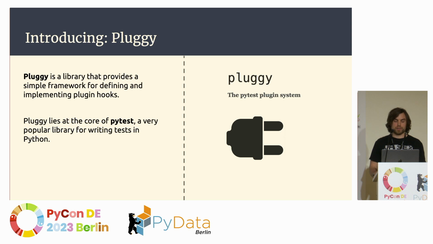Pluggy lies at the core of the pytest plugin system, which is a very popular testing framework. And it has now reached, I think as of a little bit ago, version 1.0. It's a really nice library with a very narrow scope of what it does.